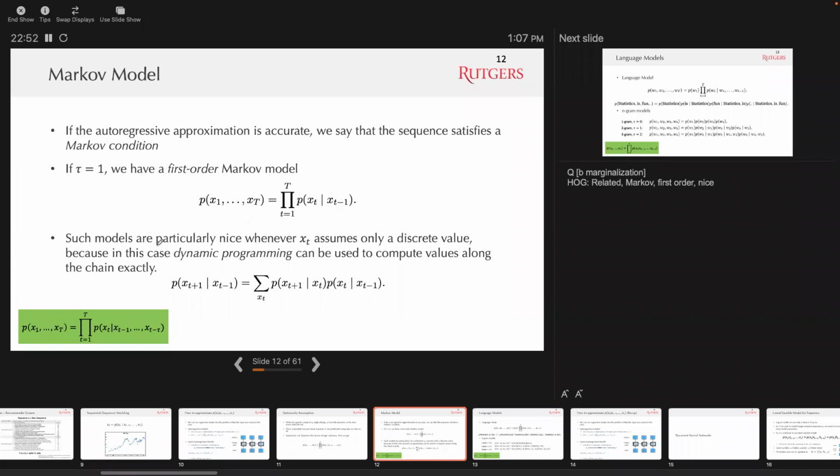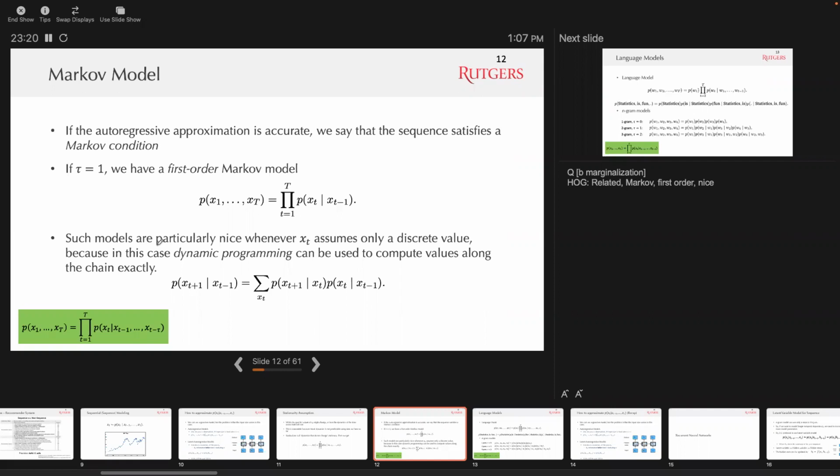It basically says that to predict the current value, you only need the previous value. Nothing more. In this case, if you want to predict x2, you only need x1, and to predict x3, you only need x2, and you don't need x1 here.